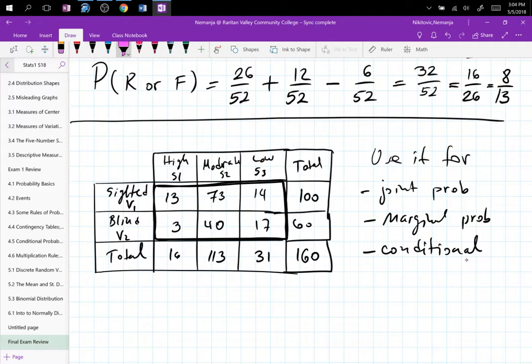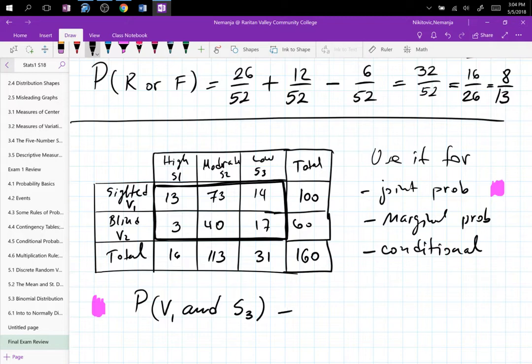So let me color code this now. So here is an example. Probability of V1 and S3. So that will be joint probability.